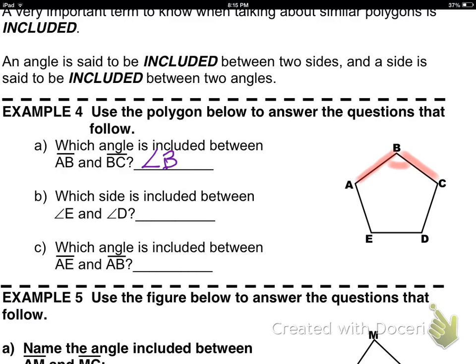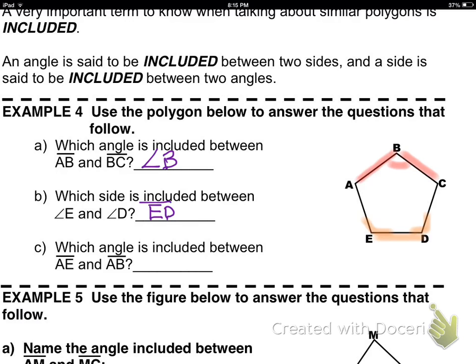Well, which side is included between angle E and angle D? Well, notice there's angle E highlighted in orange and angle D highlighted in orange, and the segment that lies between those 2 angles, we say is included, is the segment ED.